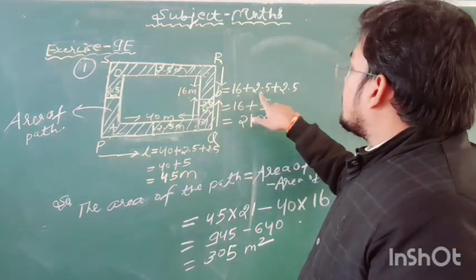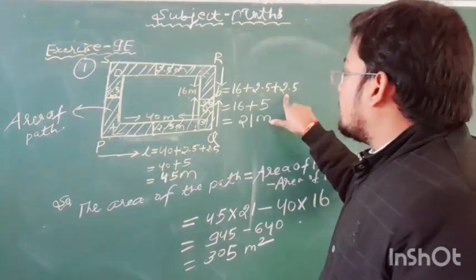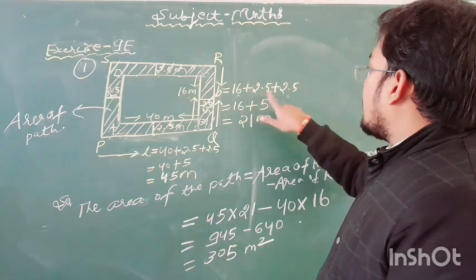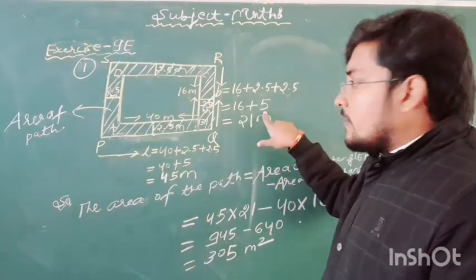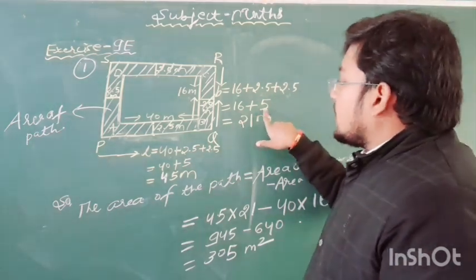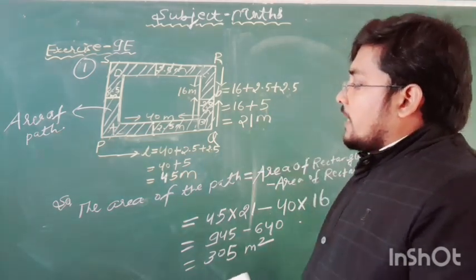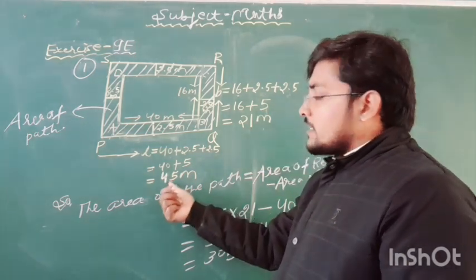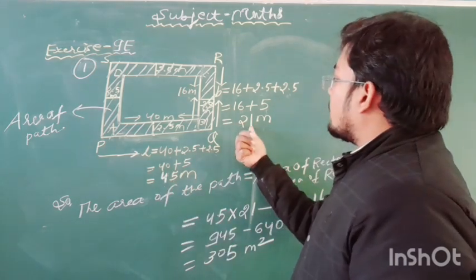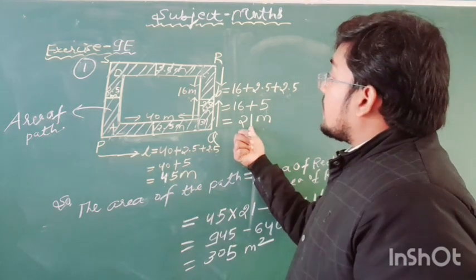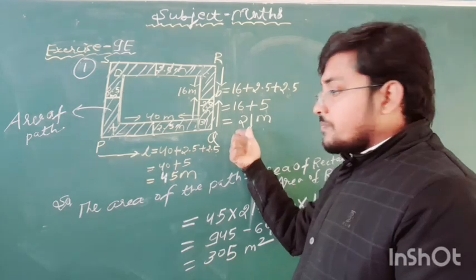So 16 plus 2.5 plus 2.5, which is 16 plus 5, so 21 meters. So the length of rectangle PQRS is 45 meters and its breadth is 21 meters.